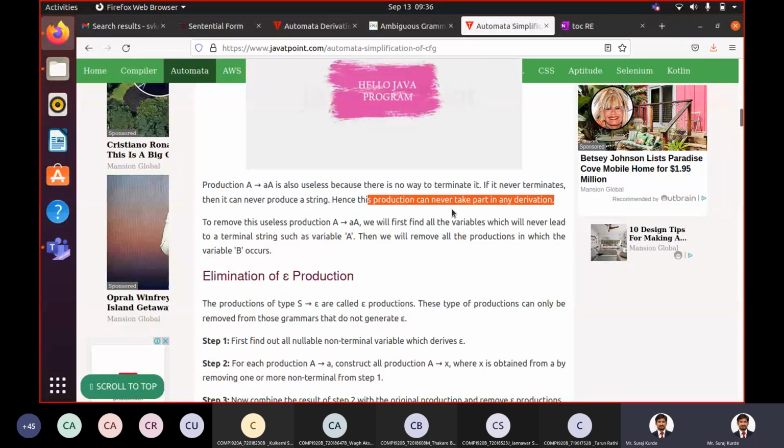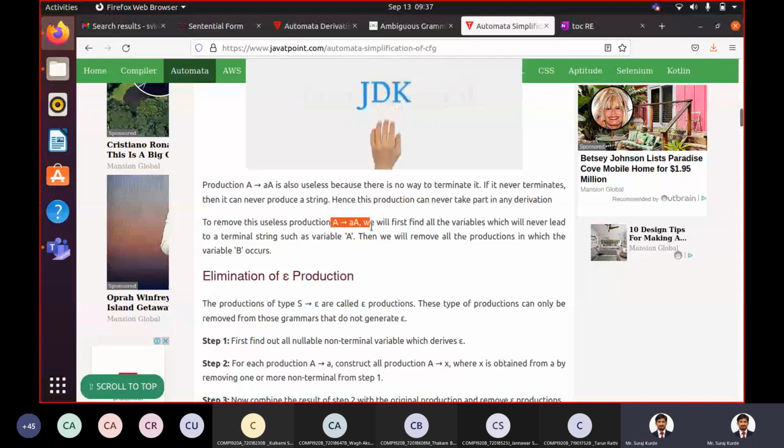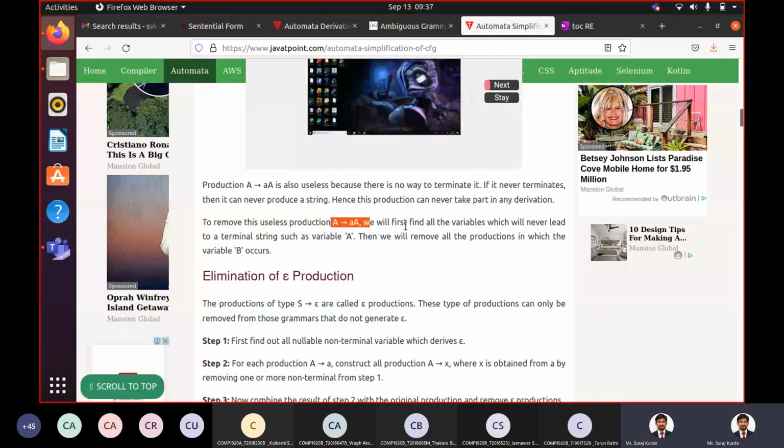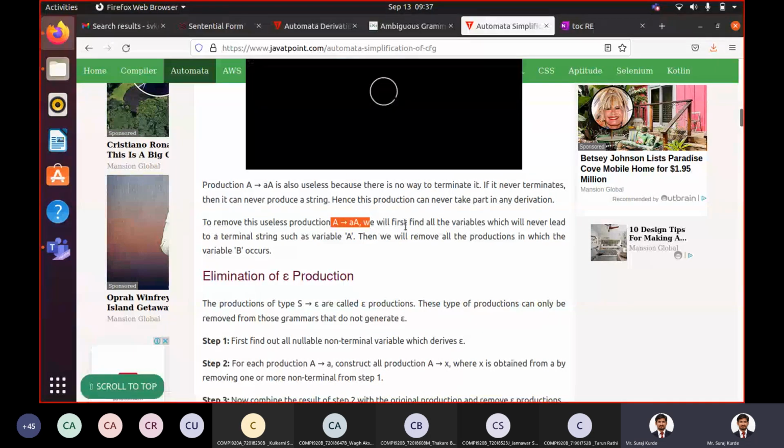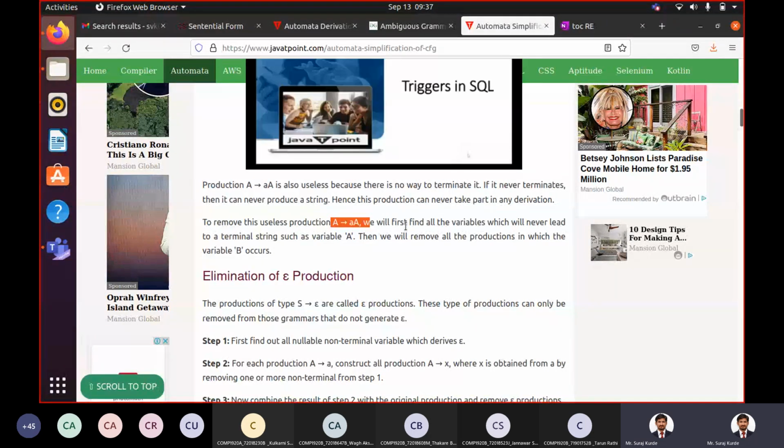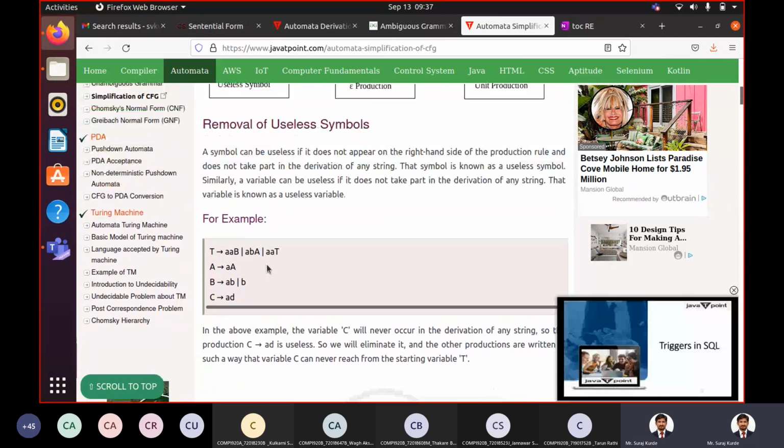So remove this production. To remove a useless symbol like A producing small a, capital A, we will first find all the variables which will never lead to a terminal string, such as variable A. Then we will remove all the productions in which that variable occurs.